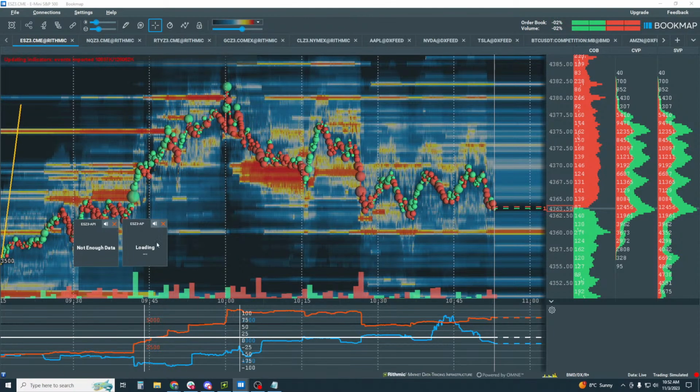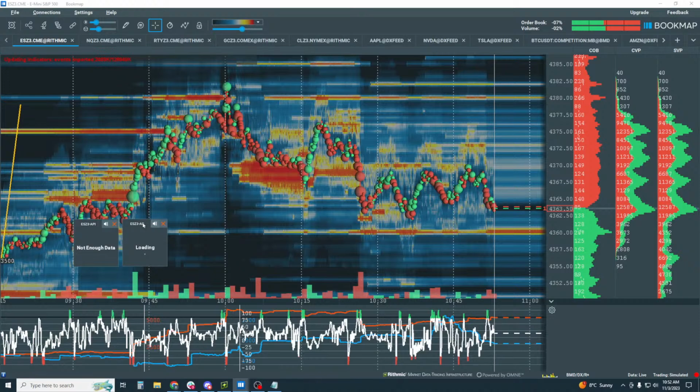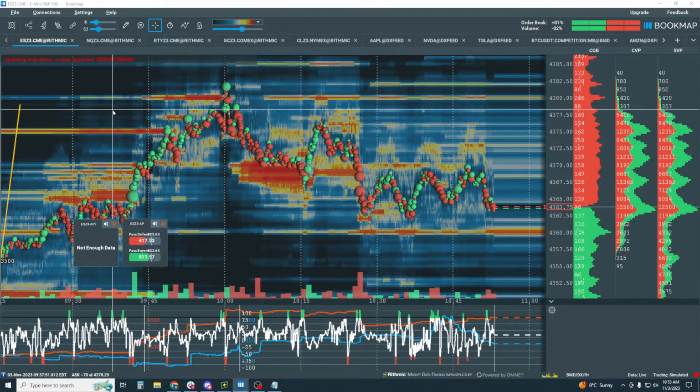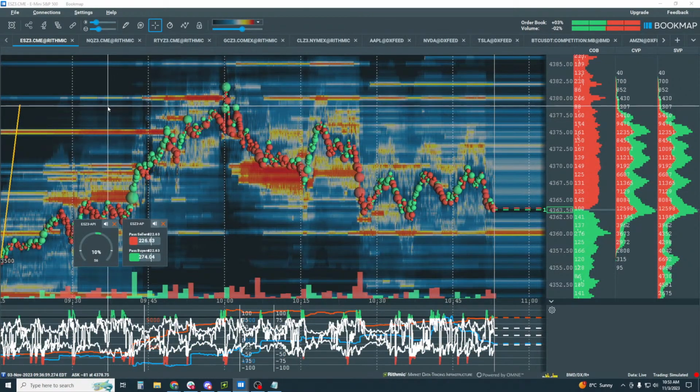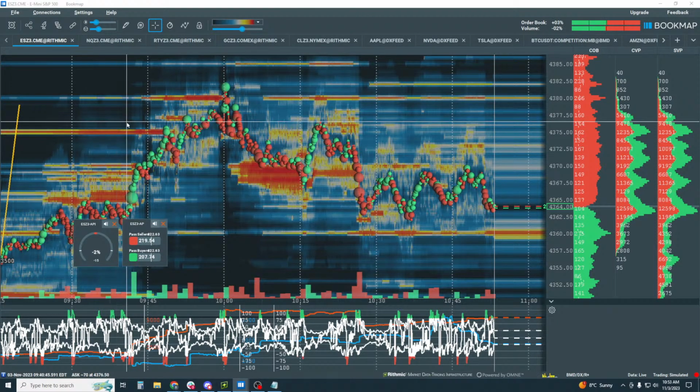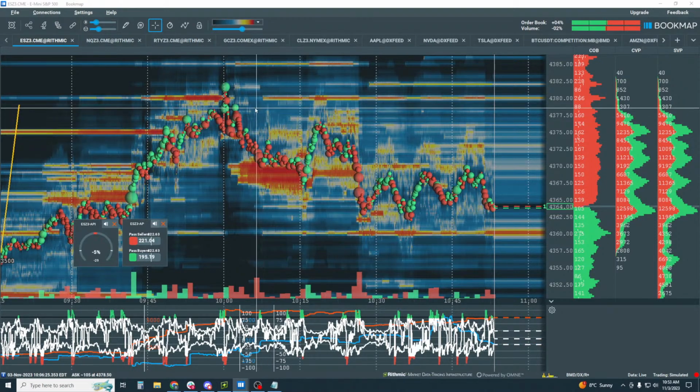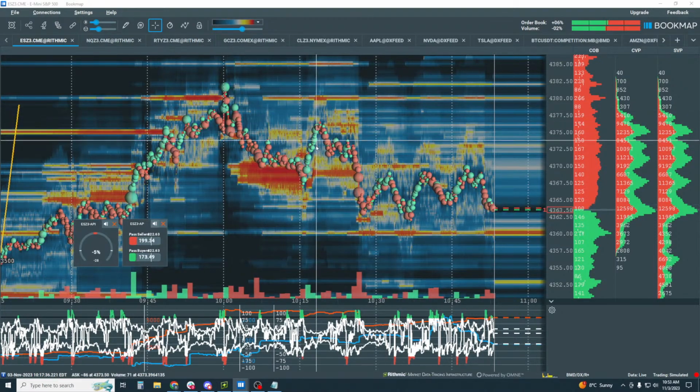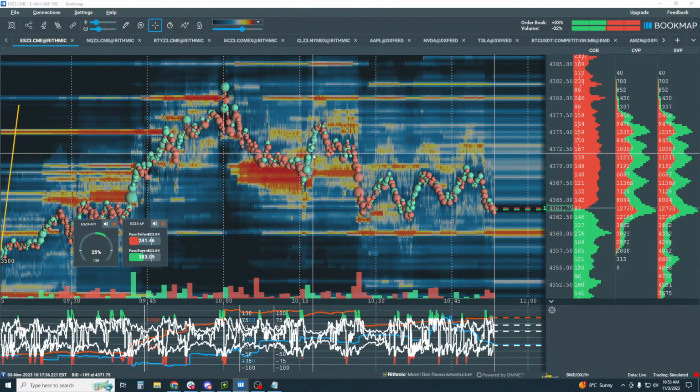Okay, again, this is based off of the absorption indicator. Now, this is important here, and this is one of the beauties of this Market Pulse add-on. It is using what we call broadcast API, which means that it is first taking the data that we can filter using the absorption indicator.